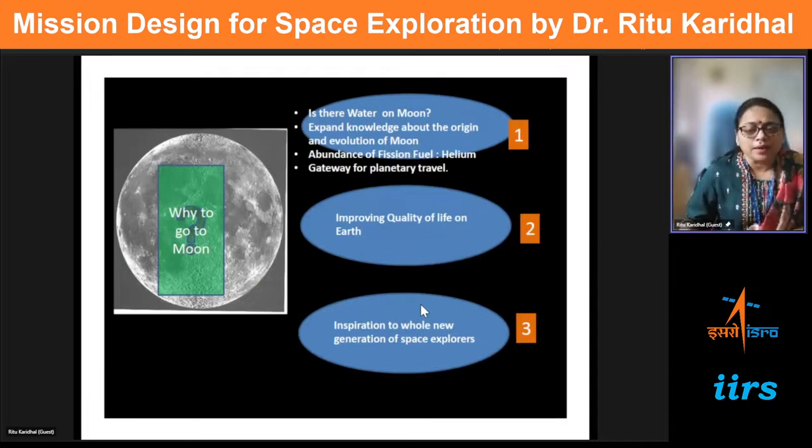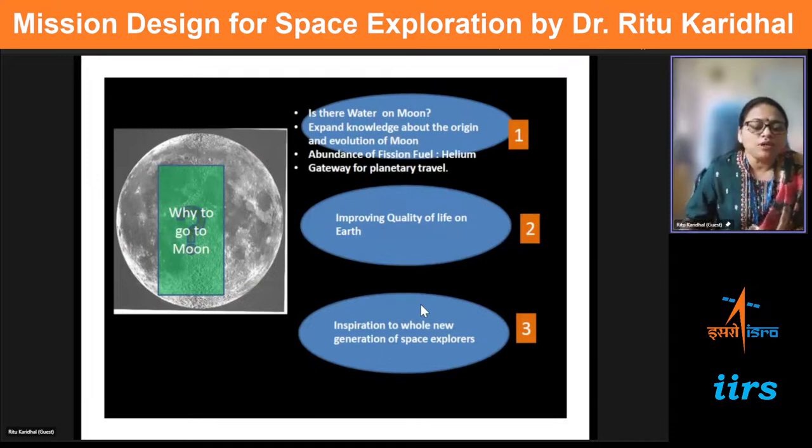We all know helium can be used as a fission fuel, an important fuel for power generation in future. If we are able to harness that material and bring helium back, it will be a very important fuel in future.